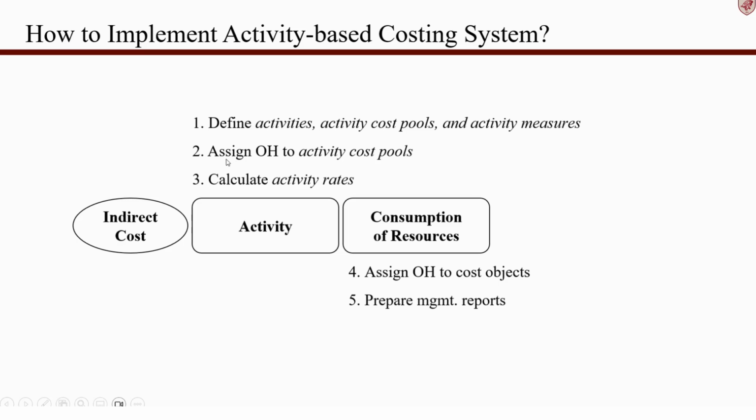And then our job is to assign these overheads to each activity cost pool, calculate the activity rates, and then assign these overheads to cost objects using the activity rates. And last would be to prepare the management reports under the ABC.